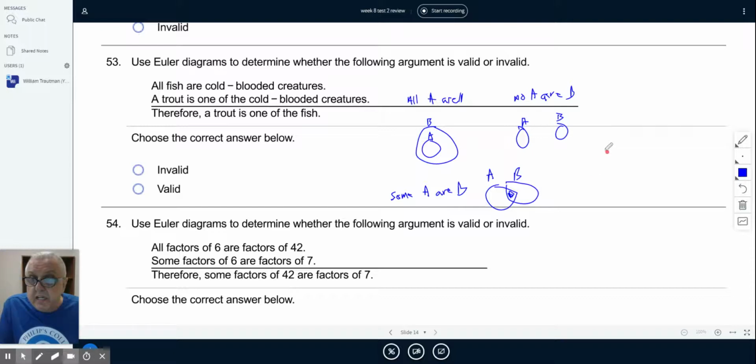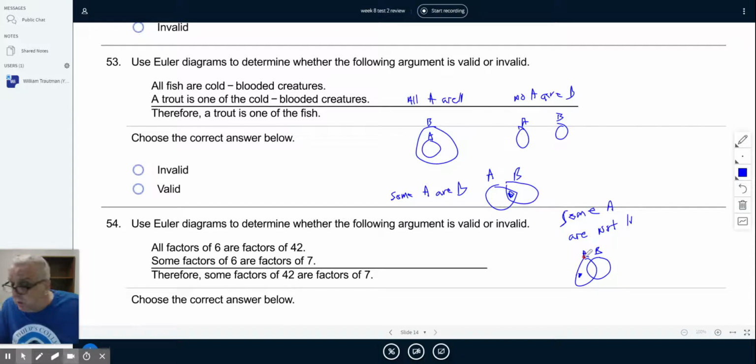And then he said some of A are not in B. So here's A, here's B, and these are the people, some of A's, who are not inside B. These are some of A's who are in B. These are some of A's who are not in B. So read that section in the book, and that's what Euler did.